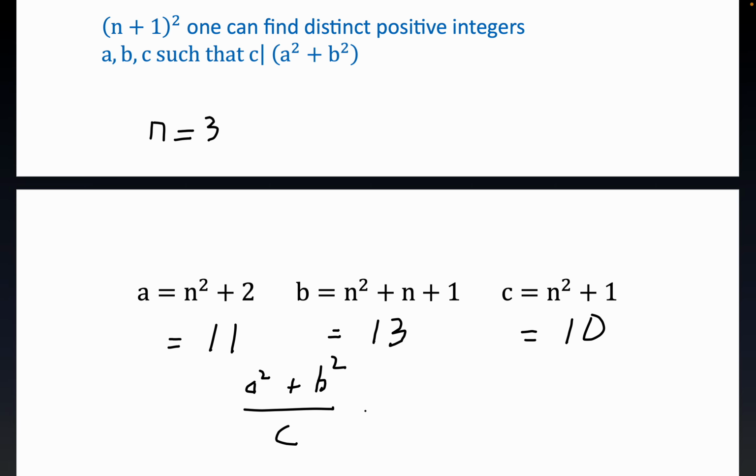So this would be equal to 121, 11 squared is 121, 13 squared is 169, divided by 10. And this is equal to 121 plus 169 is 290, so this does equal 29.